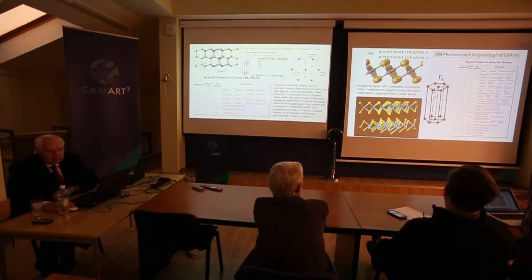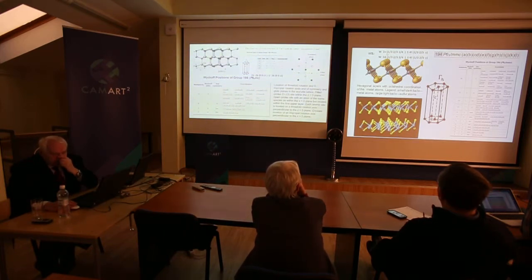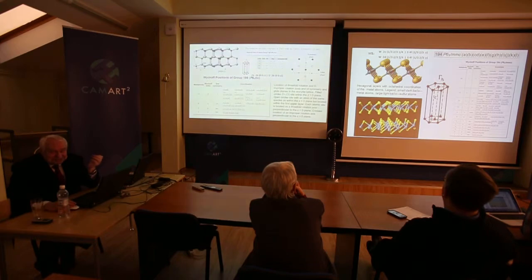I took it from the Bilbao server. But the C position is occupied here by tungsten atoms, and the F position by sulfur atoms. So it means, it's not trivial, that in this structure you can change the positions of only tungsten. You can use C or D. But you cannot change the position of sulfur. But we saw in perovskite that when you change strontium and titanium, then you need to change the position of oxygen.